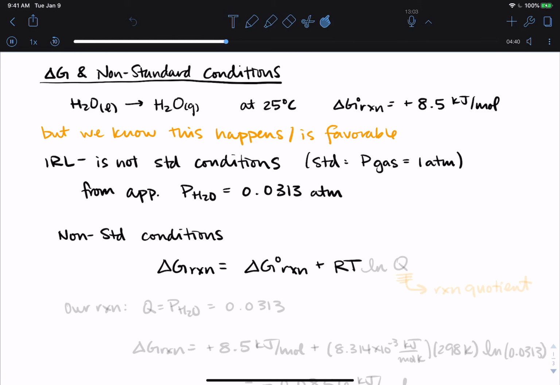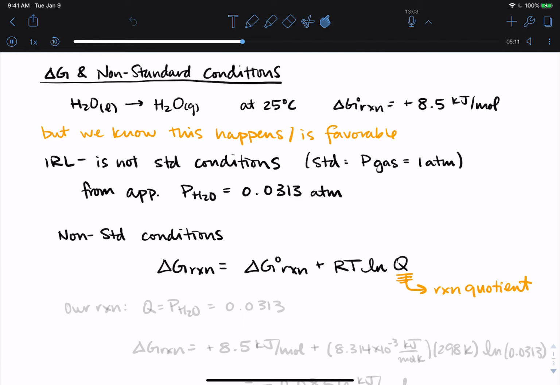What we tack on here is RT times the natural log of Q. This is the same Q as before. This is the reaction quotient. So I hope you haven't forgotten about Q. If you did, there's a video for you to go back in the equilibrium section to look at about the reaction quotient, how to calculate it, and what it means.